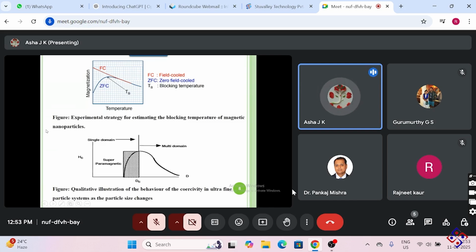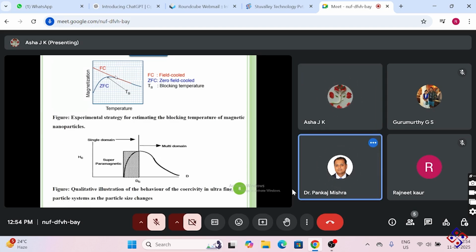Below this blocking temperature, nanoparticles exhibit a stable magnetization, and above the blocking temperature, they become superparamagnetic and lose the magnetization.